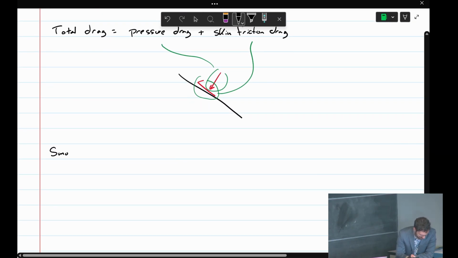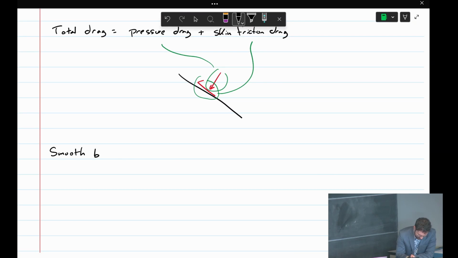So for smooth bodies with small frontal area, the drag force on that body is going to be dominated by skin friction.